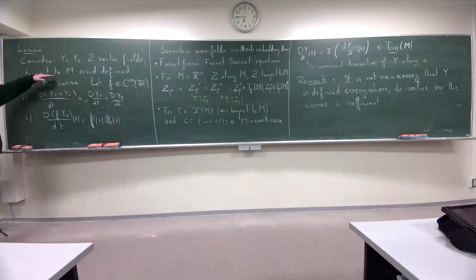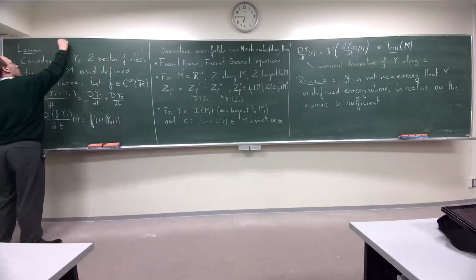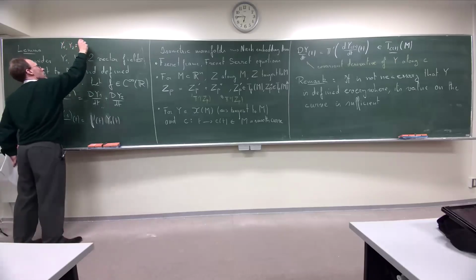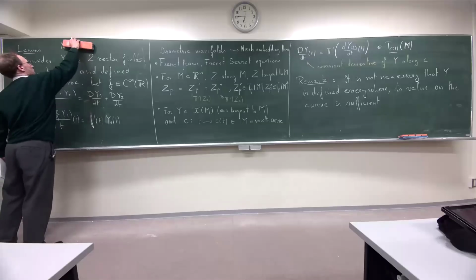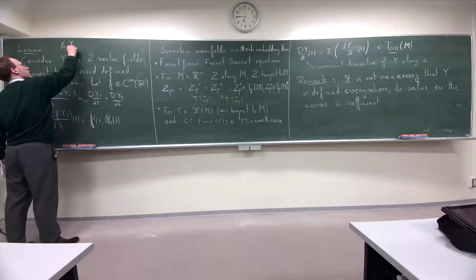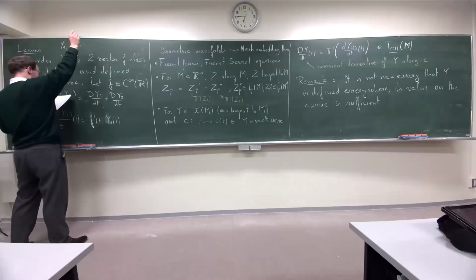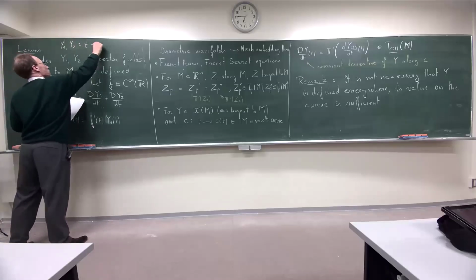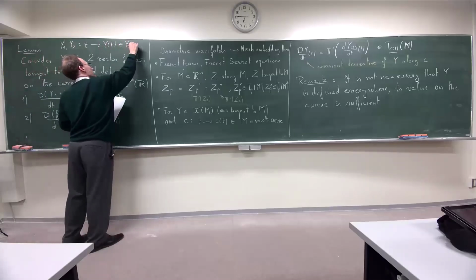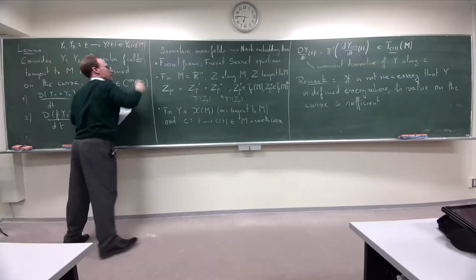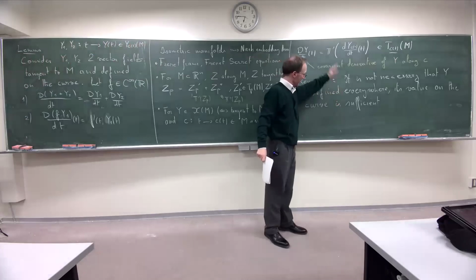Sorry, I should have been more precise. Let's take y1, y2. They are defined. Their function t goes to y of t, which is y of c of t. It's a little bit misleading, the notation.